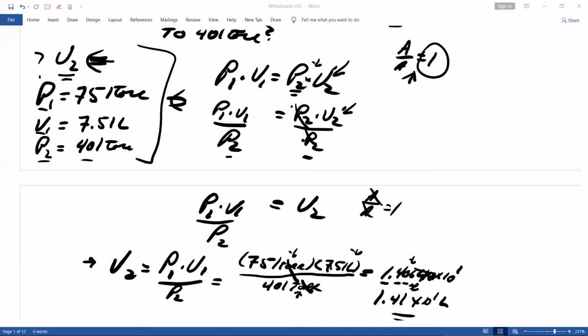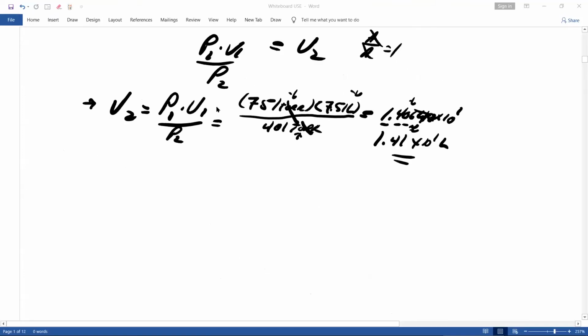We want to solve for V2, so to get rid of the P2, we divide. Whatever you do to one side, you have to do to the other, so I divide that also by P2. Anything divided by itself becomes the number 1, it cancels out. So V2 on this side is still P1 times V1 divided by P2.